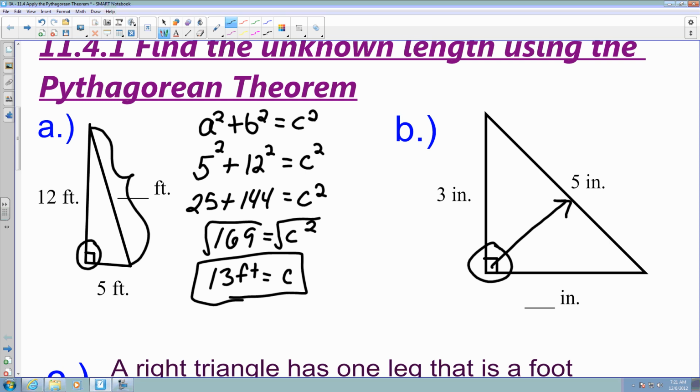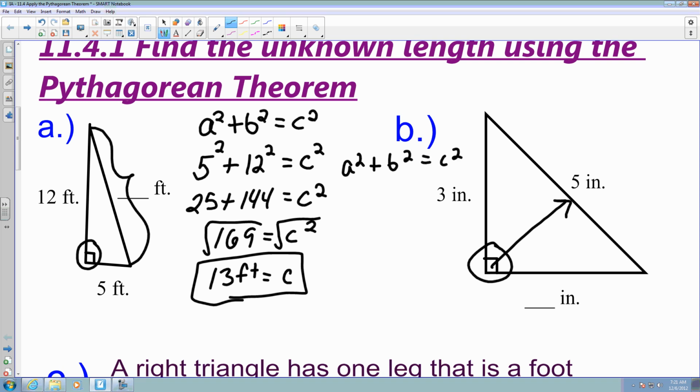Okay, let's look at B. So B has, we're given one leg and we're given the hypotenuse, but what we don't know is what the other leg of the right triangle is. So I've got A squared plus B squared equals C squared.